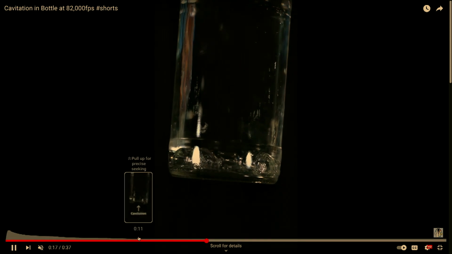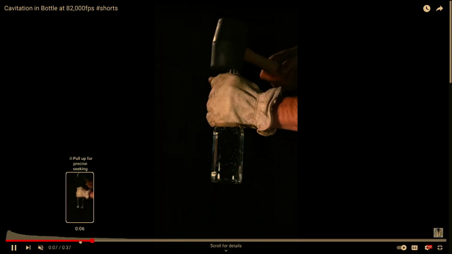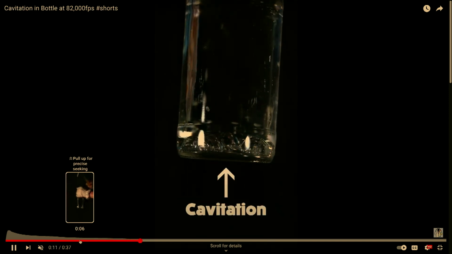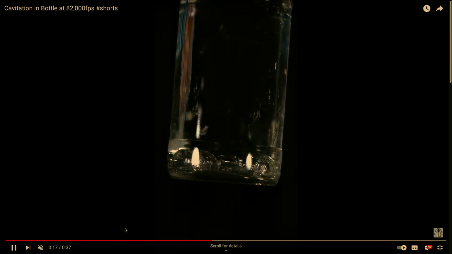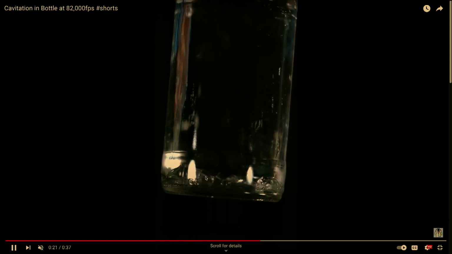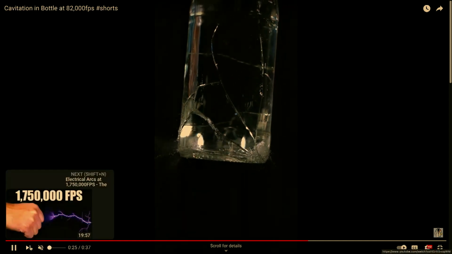So let's try one more time. It's earlier than that. So you see the bubbles form. They're cavitation bubbles because the water goes up, or the bottle goes down, but the water doesn't follow immediately because it has its own inertia. But then it's kind of stuck to the bottom, and the bubbles now collapse, and the bottle breaks.